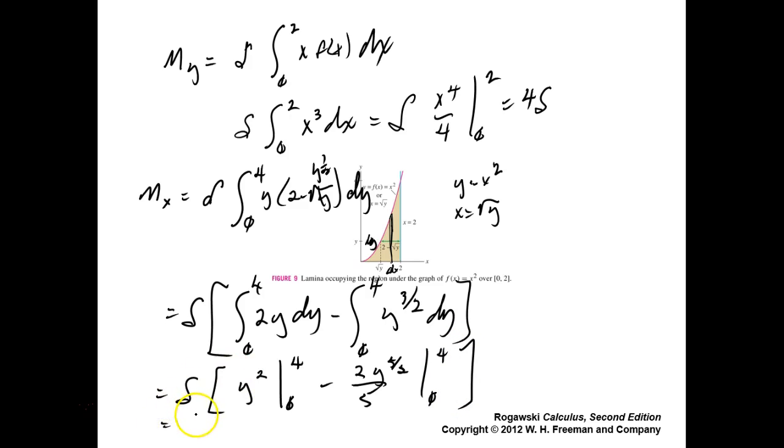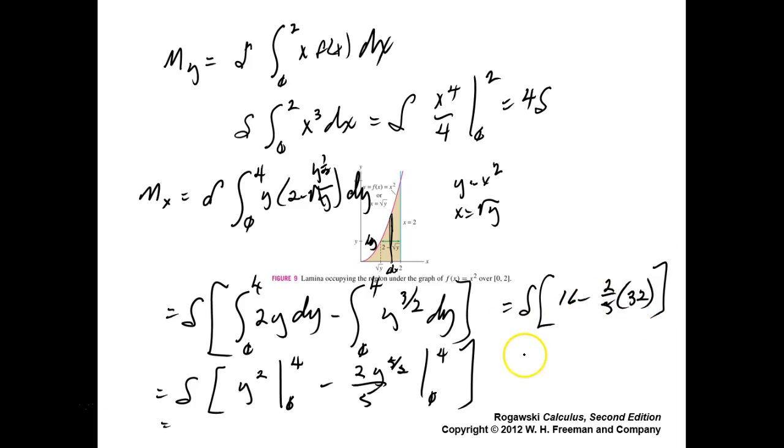This is going to be delta times 16 minus 2/5 times 32. Very good.